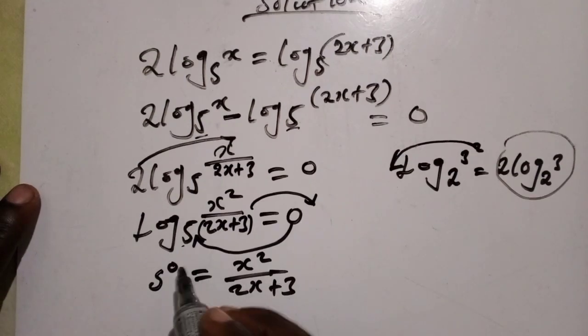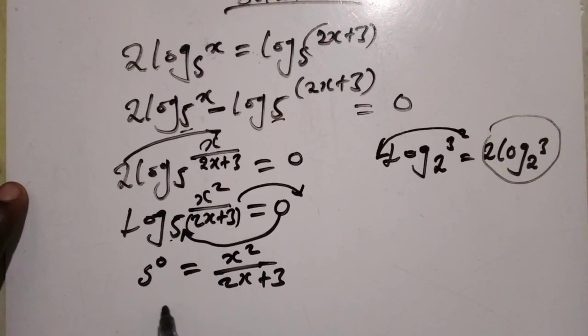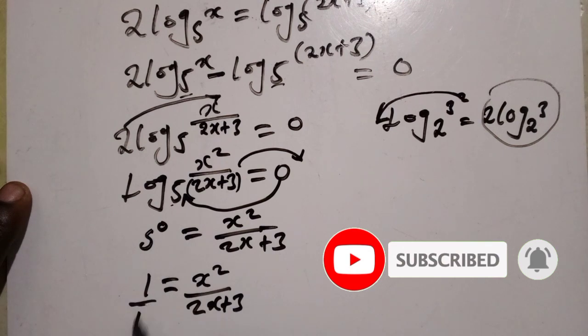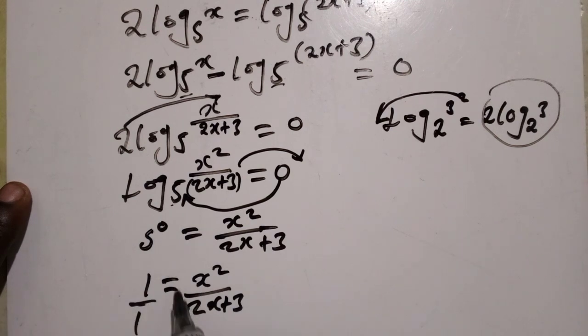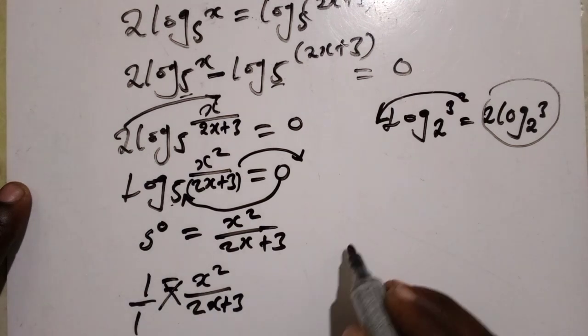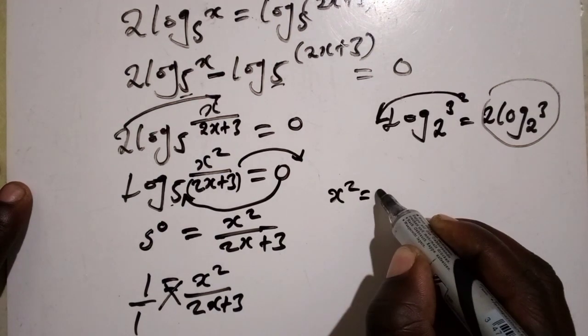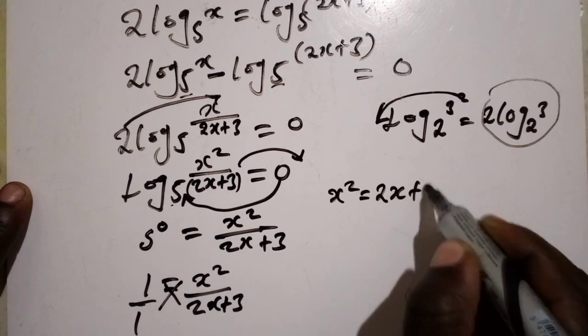Any number to the power 0 is 1, so 1 equals x squared over 2x + 3. When you cross multiply, you have x squared equals 2x + 3.